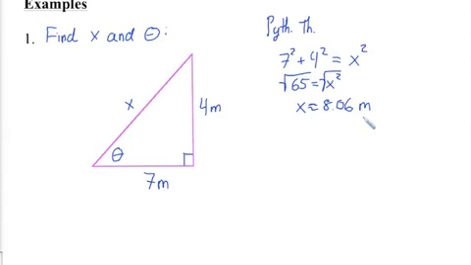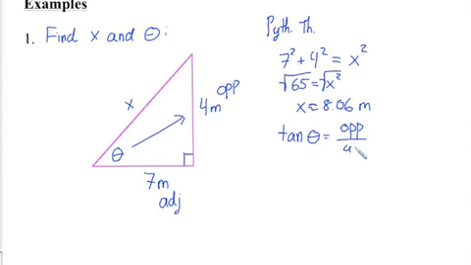Next, to find theta, I need to choose the appropriate inverse trig function. Well, I'm given theta, and I know the opposite side, which is 4 meters, and I know the adjacent side, which is 7 meters. So remember that tangent theta equals opposite over adjacent. And the inverse tangent is written like this.